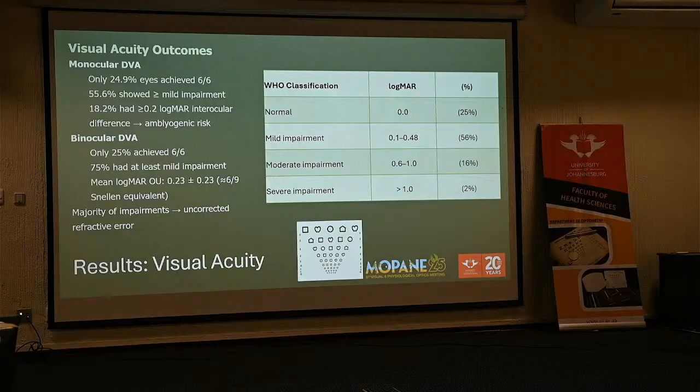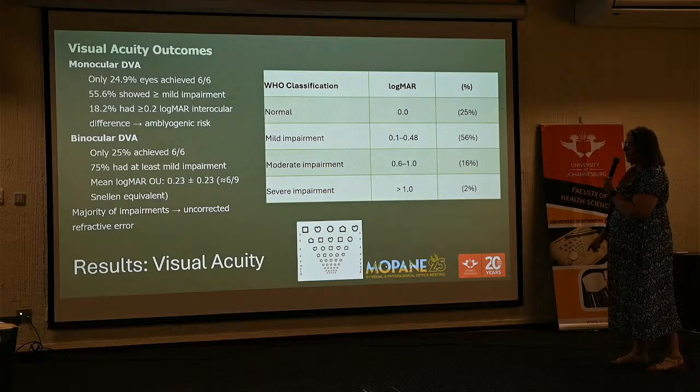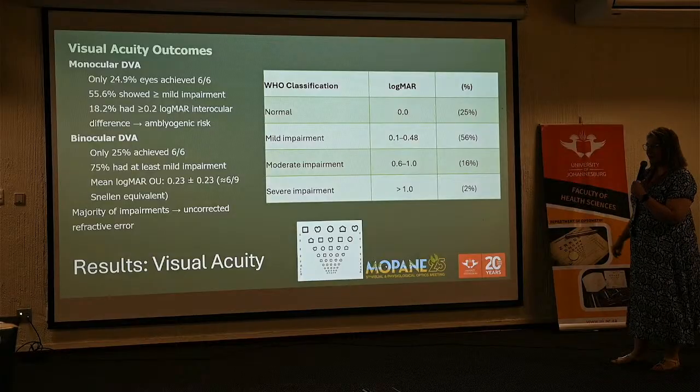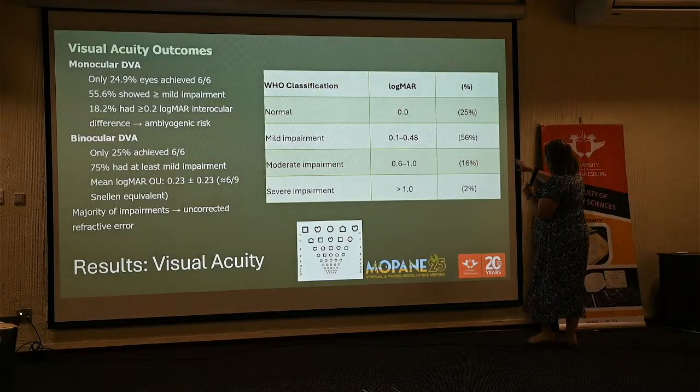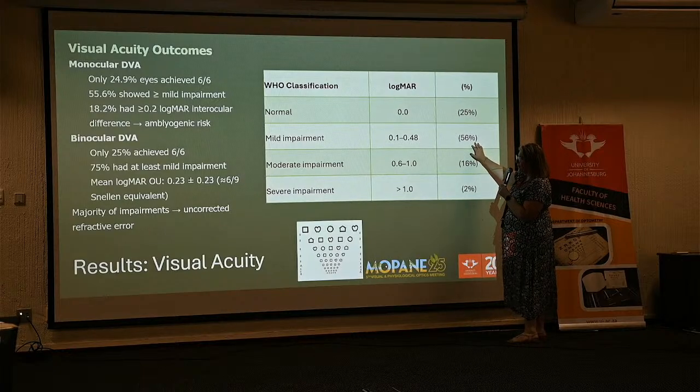We measured the visual acuity with Lea symbol charts, because for most of them, communication is difficult. But you can see that more than 56% have mild impairment.